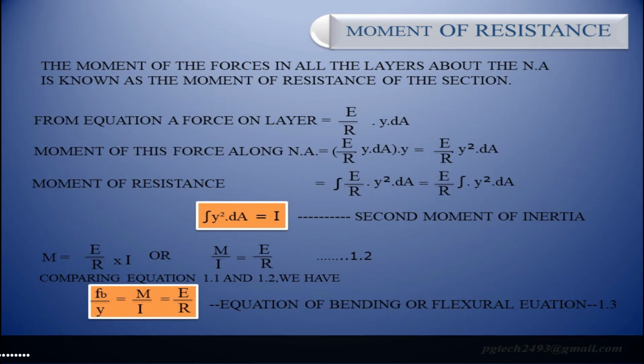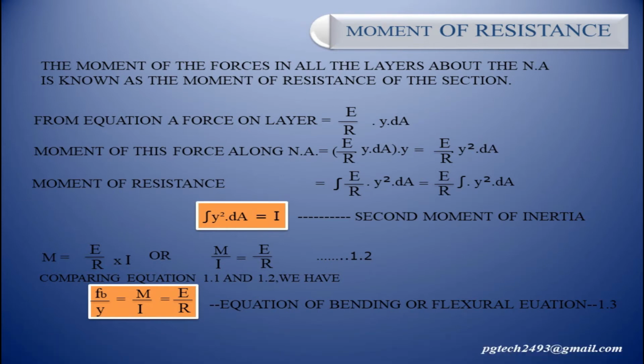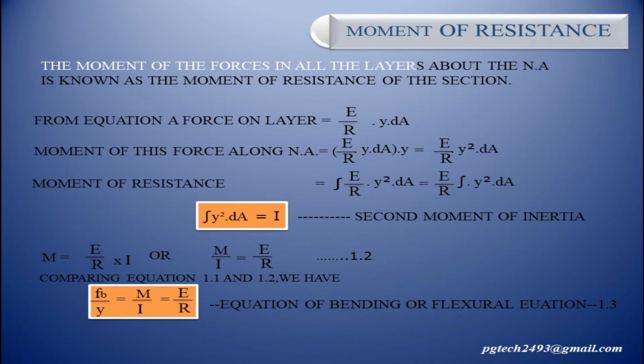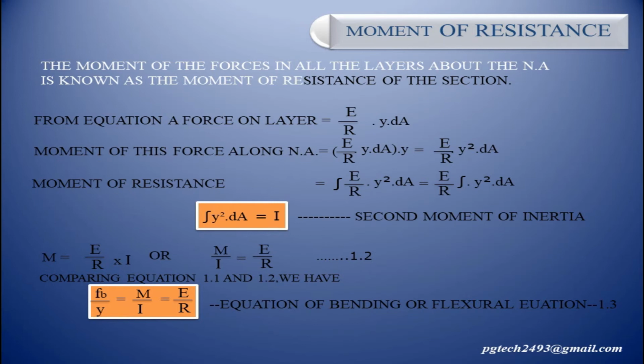Similarly, the layers below the neutral axis are subjected to tensile forces, the magnitude being proportional to the location from the neutral axis. The moment of the forces in all the layers above the neutral axis is known as the moment of resistance of the section. The moment of resistance is a result of bending and is a resisting moment to the applied bending moment.